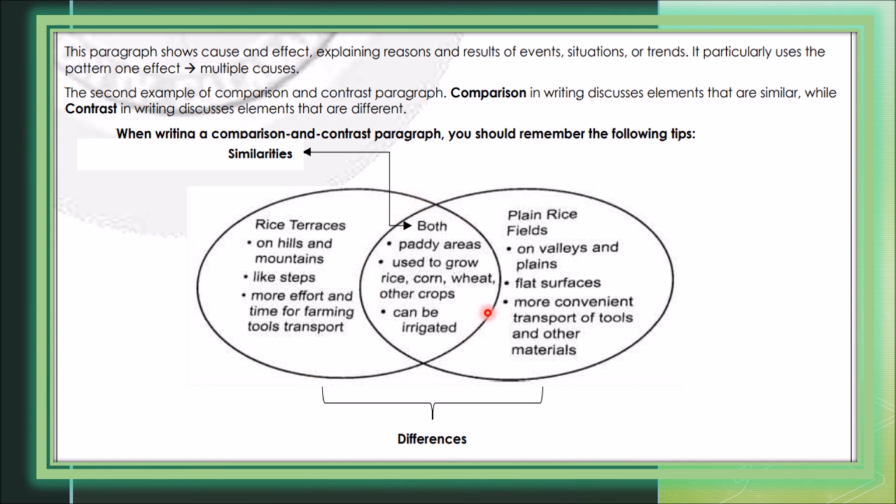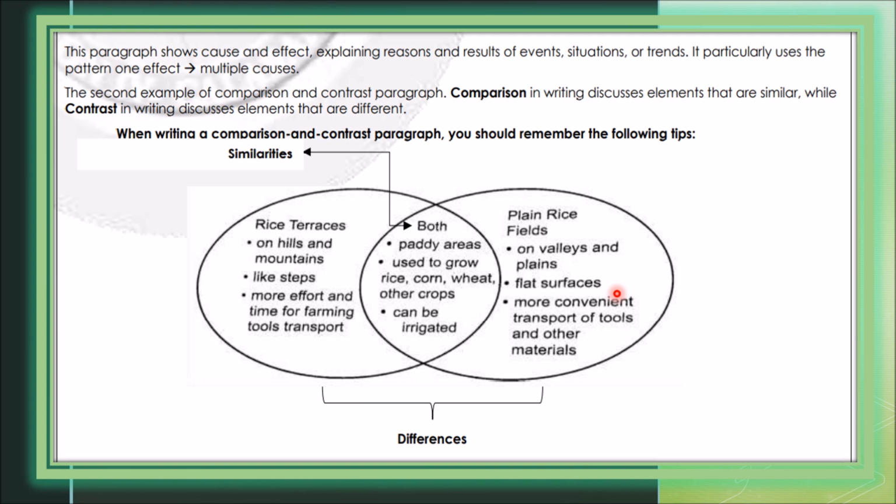Okay, in the middle, these are the similarities of the paragraph, and this part are their differences. Okay, so let us read first.